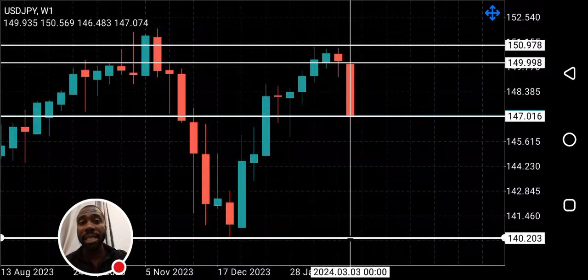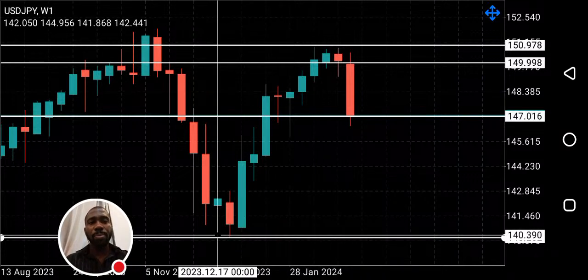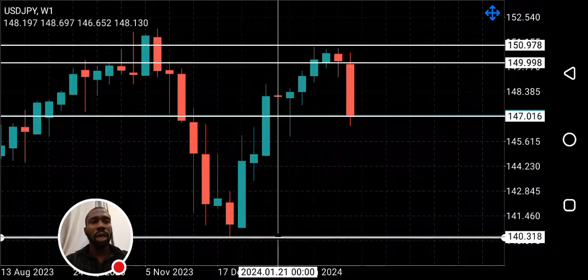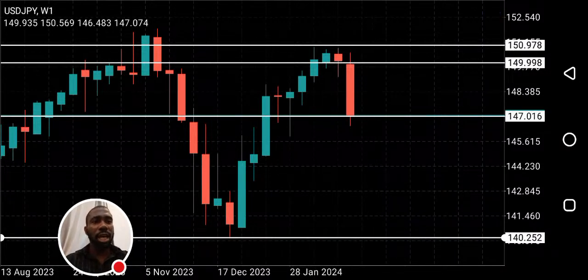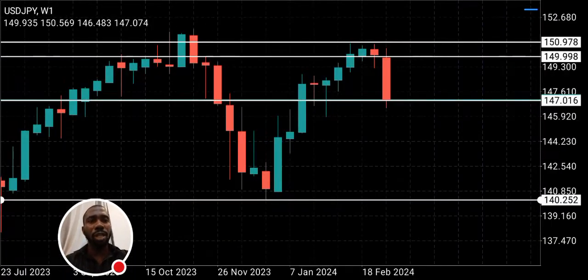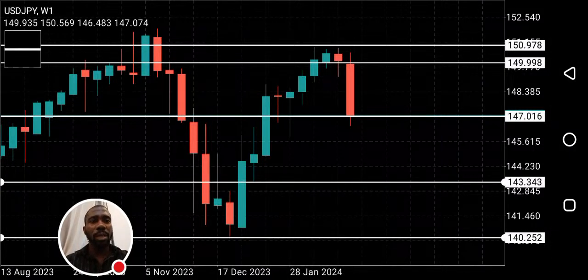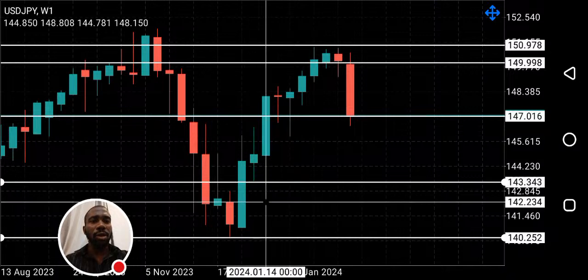But as we know, the long-term trend is bearish, so we should be aiming for the sell side liquidity, which is this previous low. We also have liquidity at this low, so this should be our first target, and this should be our second target.